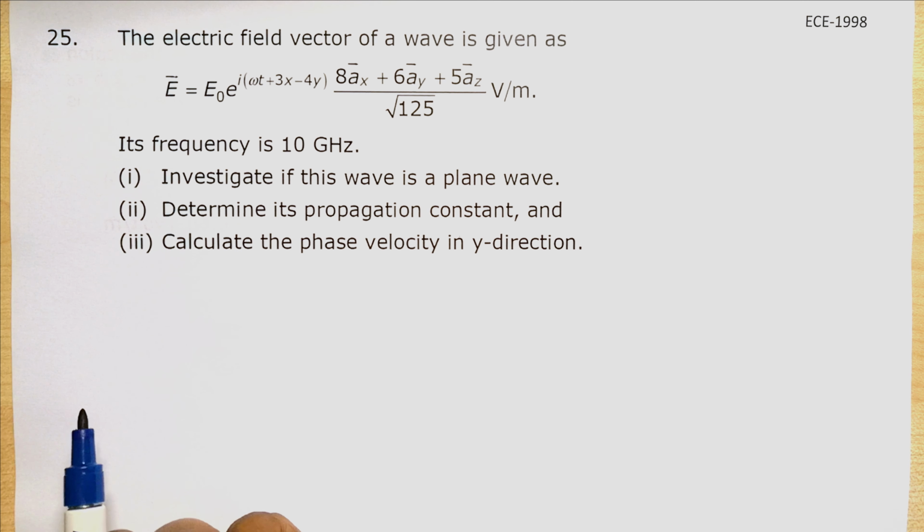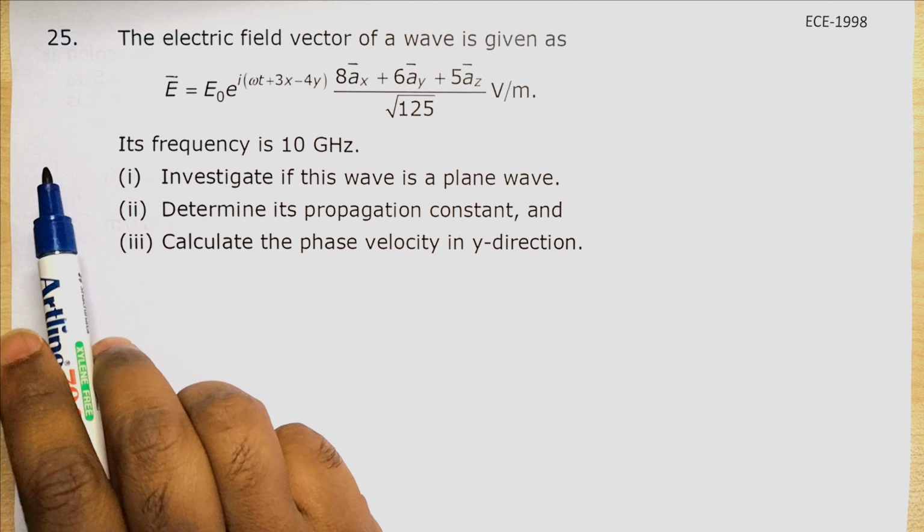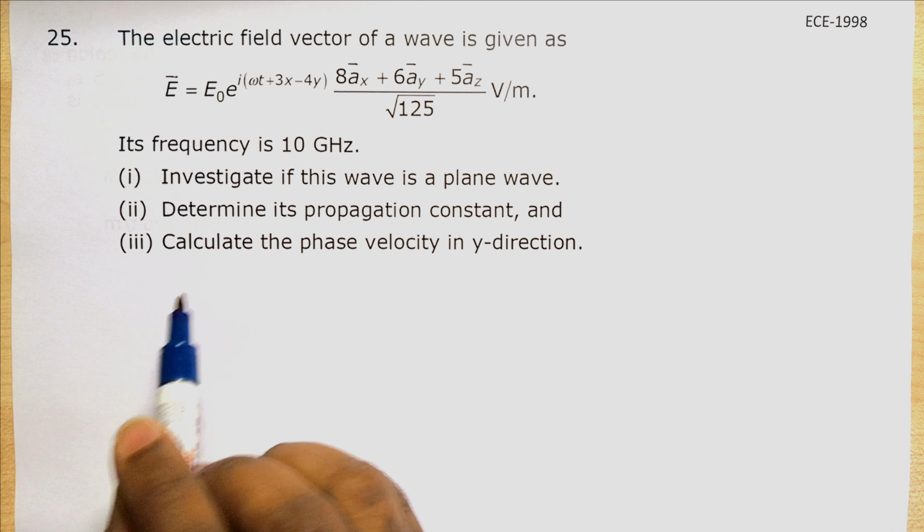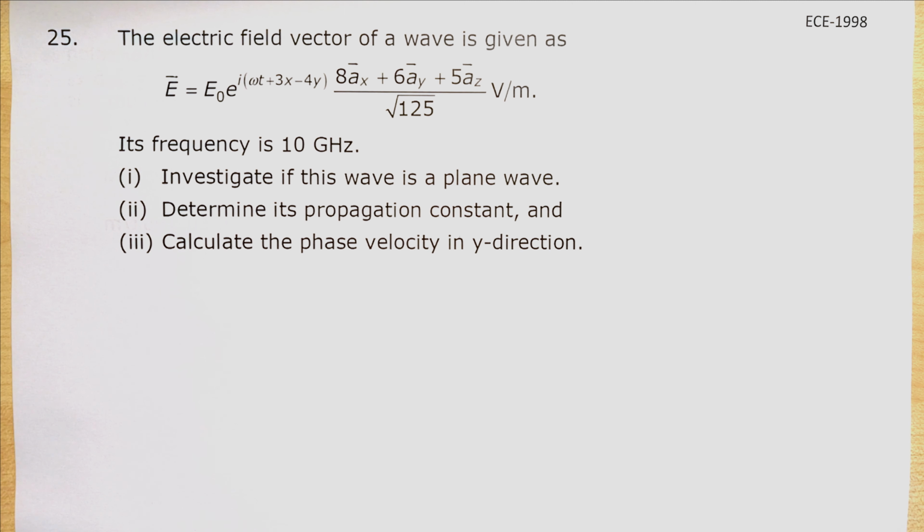So in this problem we have to find out whether the given wave is a plane wave. What is the most important characteristic of a plane wave? A plane wave has its electric and magnetic fields orthogonal to each other, as well as the electric field orthogonal to the direction of propagation.